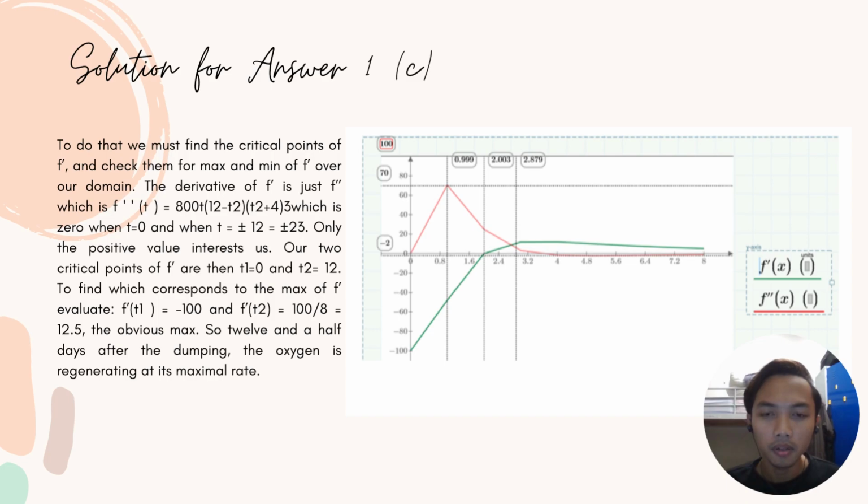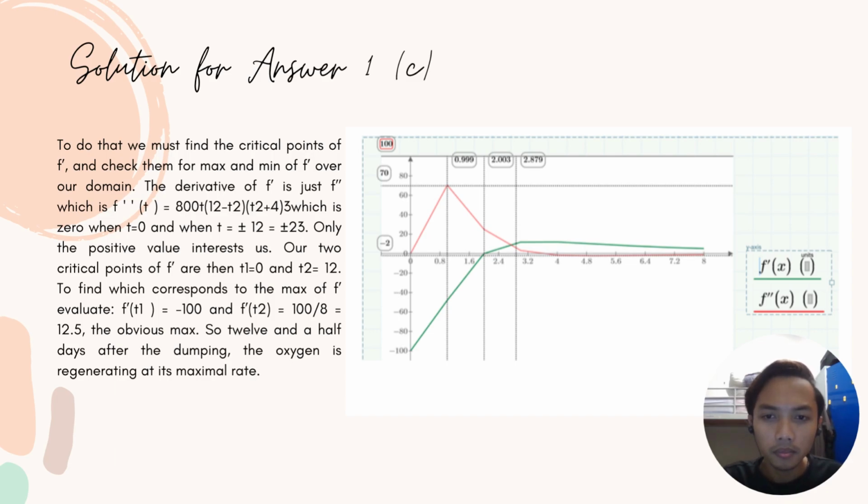The derivative of f prime is just f double prime, which is 800 t (12 - t²) over (t² + 4) cubed, which is 0 when t equals 0 and when t equals plus or minus 2√3.